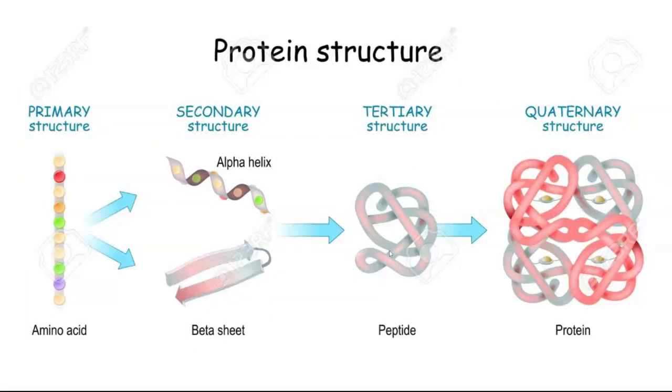Then we have a tertiary structure where the folding gets more complex. This may happen automatically, but usually we need another type of protein to help and fold this tertiary structure.